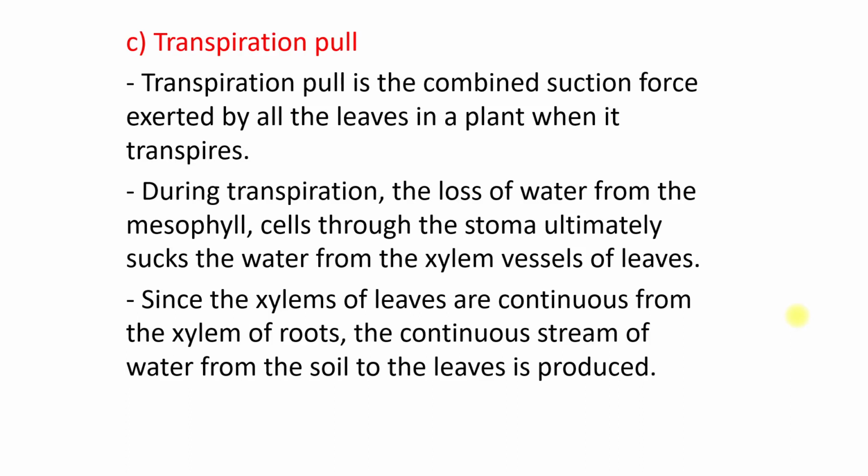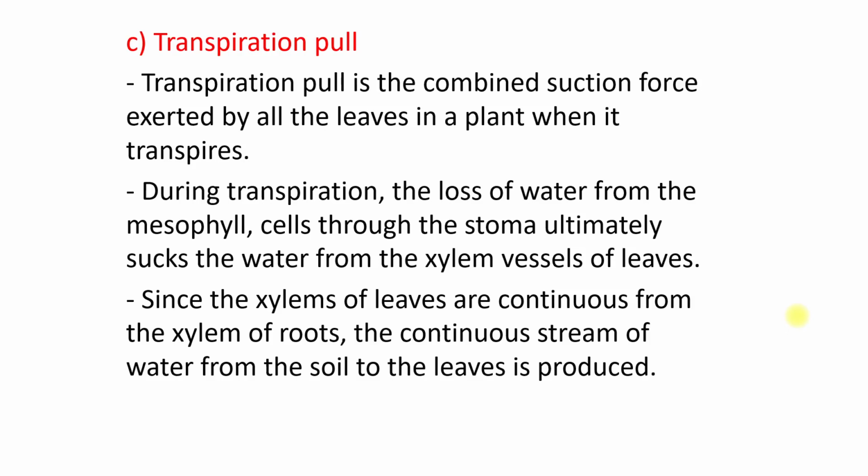Now, during transpiration, the loss of water from the mesophyll. You know that in the leaves we have mesophyll, sorry, the spongy and palisade mesophyll. So the loss of water from the mesophyll cells through the stoma ultimately sucks the water from the xylem vessel of the leaves.